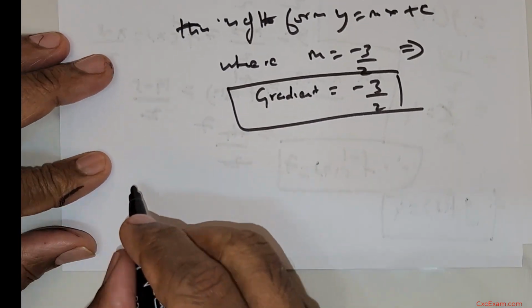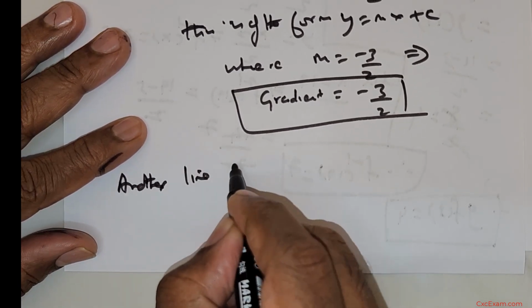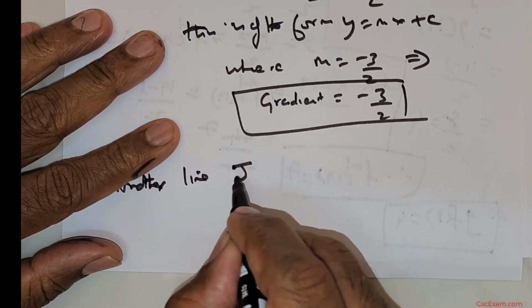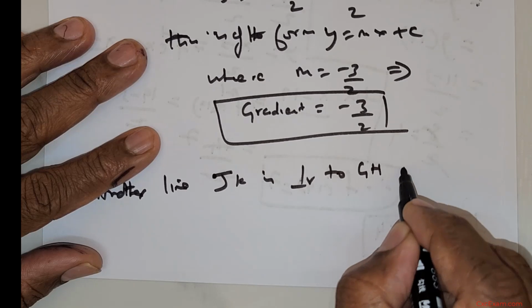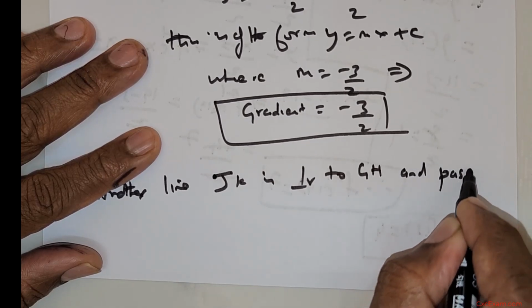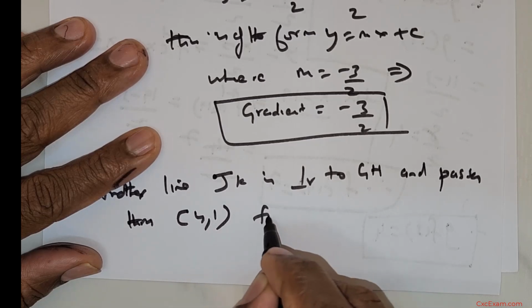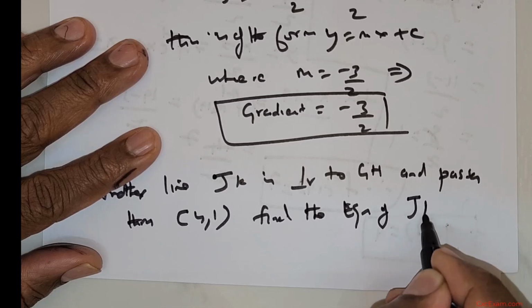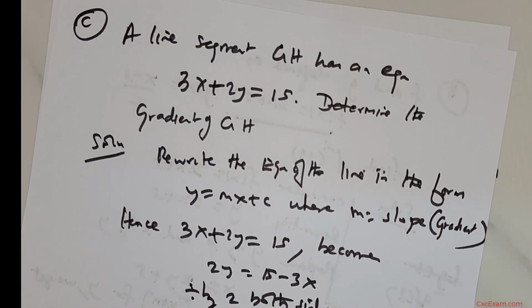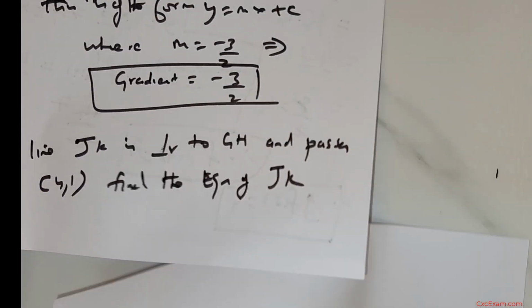Now what they are saying is another line JK is perpendicular to GH and passes through (4,1). We are asked to find the equation of JK. So this is the question given.